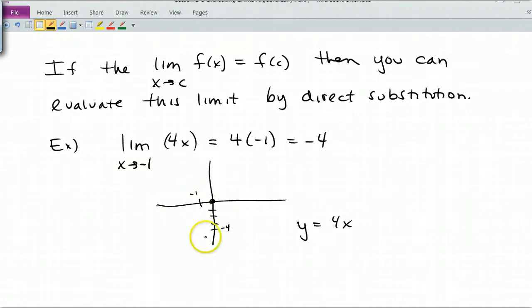When I draw it, it looks something like that. So f of -1 equals -4 when you substitute it in. As x approaches -1, your y value is approaching and even equals -4. Okay, so let's do some other examples.